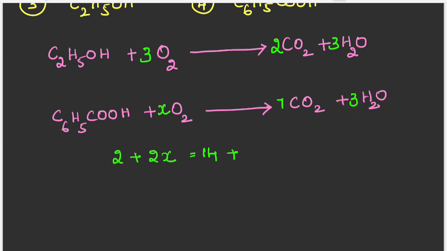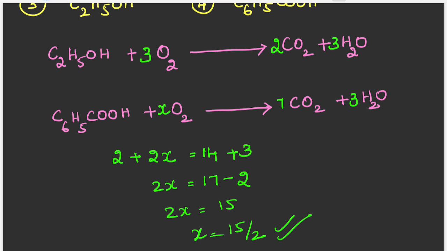So therefore 14 plus 3. So here you will be getting 2x is equal to 17 minus 2. So 2x is equal to 15 and x is equal to 15 divided by 2. So 15 by 2 is the value of x. Therefore, here I'll write in place of x 15 divided by 2.